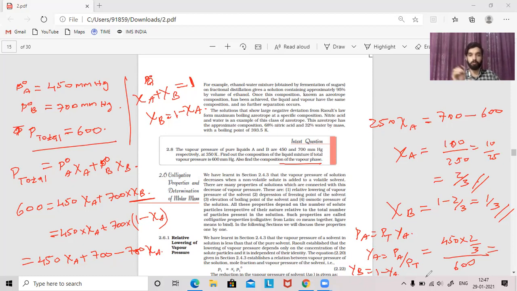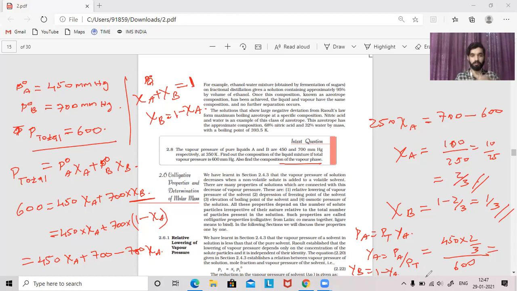Okay, so when we do these two questions, we get a good idea of how to apply Raoult's law in numerical questions. Now we have to try more varieties of this. What are the different ways in which they can ask questions? For that we have to practice a lot.